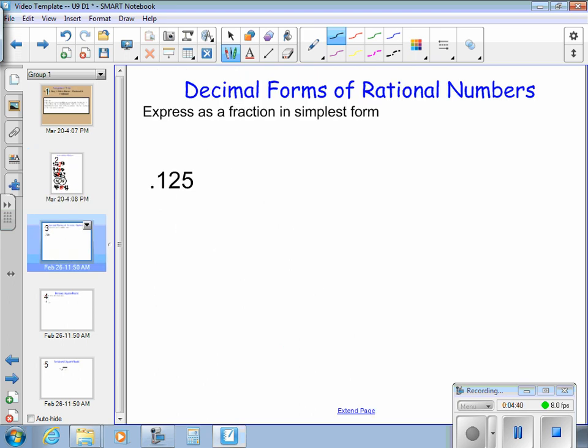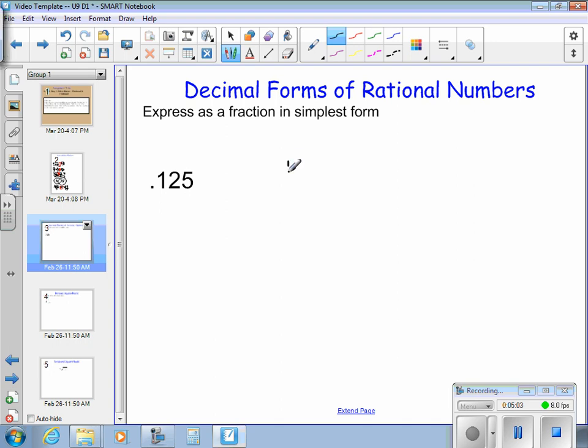Okay, they want us to take this decimal and express it as a fraction in its simplest form. So first we're going to start with expressing it as a fraction, and then we'll take care of reducing it. So this 0.125, it actually stands for 125 thousandths.